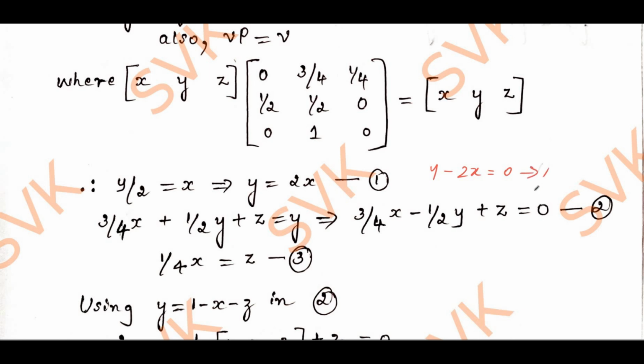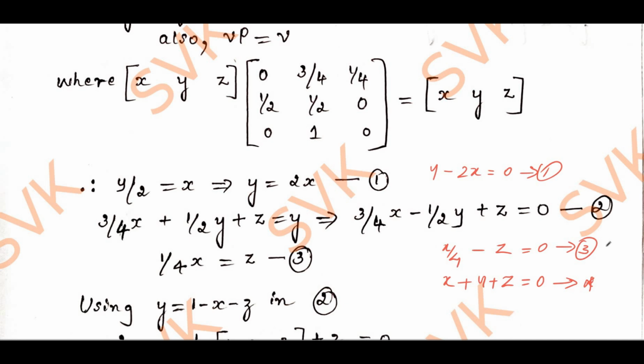I will name this as equation 1. The second equation is 3 by 4 x minus 1 by 2 y plus z equal to 0. Equation 3 is of the form x by 4 minus z equal to 0. I will name this as equation 3. And I have one more general equation, x plus y plus z equals 1, which I will name as equation star.